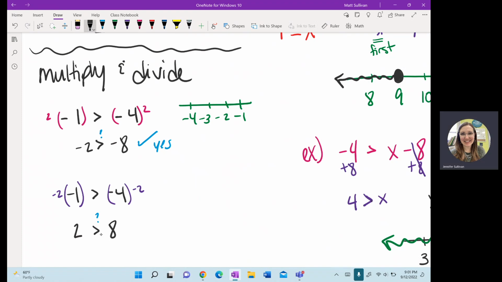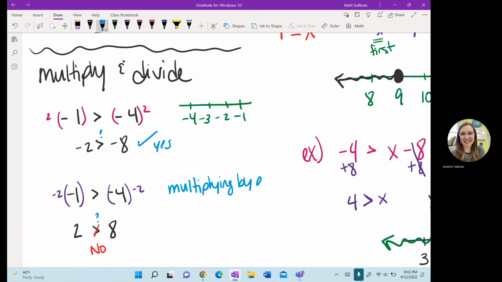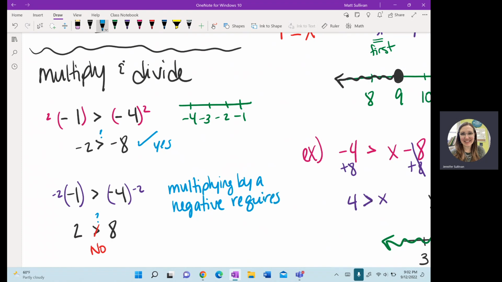Is 2 greater than 8? No, it is not. So multiplying by a positive number doesn't change my inequality sign, but multiplying by a negative requires that I flip the inequality symbol.